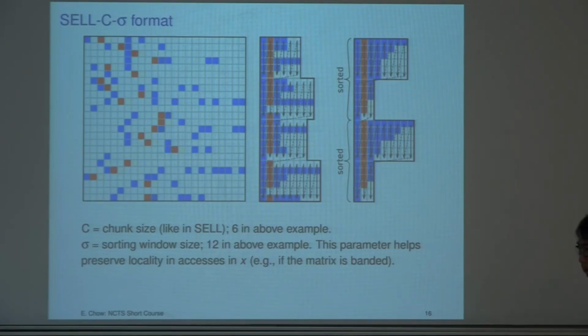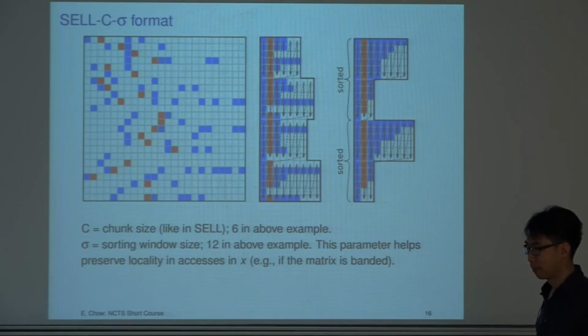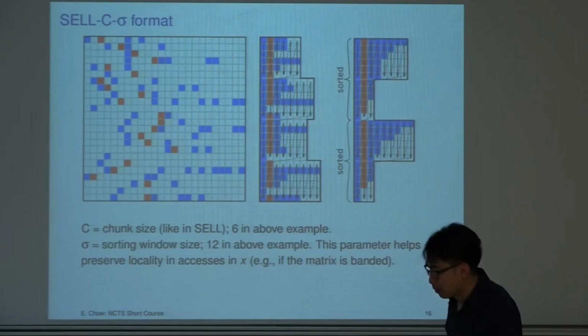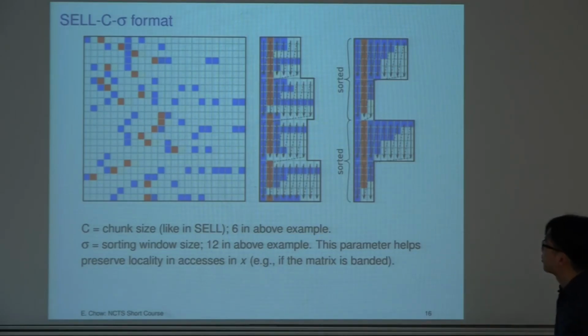Yep. How are we deciding the width of the window? For here you took 12 cells, something like that, right? Sorry? I'm saying, how are we deciding the width of the window? Okay, so that's a really good question. How do we decide 12 in this example? How do we decide the sorting window size?